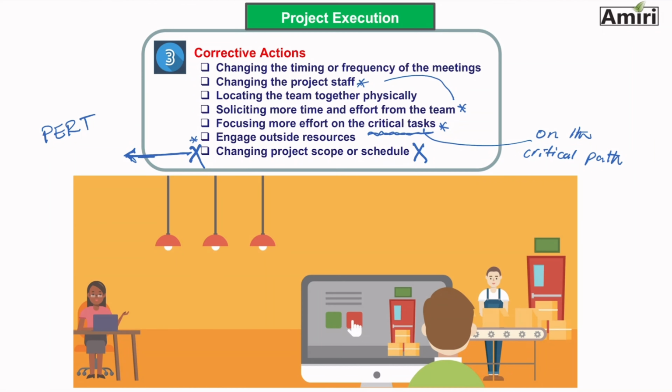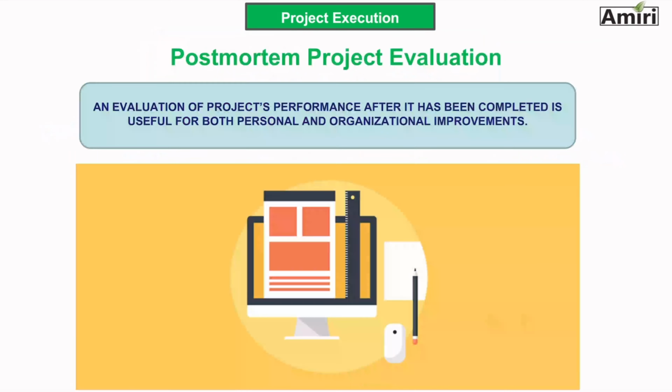You're not extending the project, you're not delaying the project, but within the timeline, you're moving things around to meet some of those deadlines. And again, as I mentioned, a lot more could be added to this list of corrective actions: anything that helps coordinate the tasks.